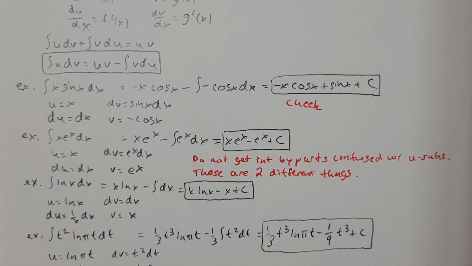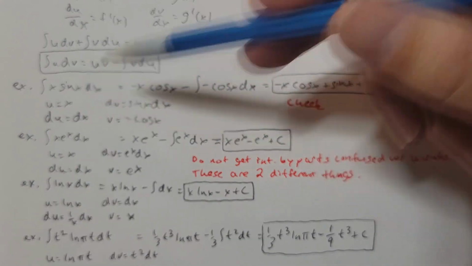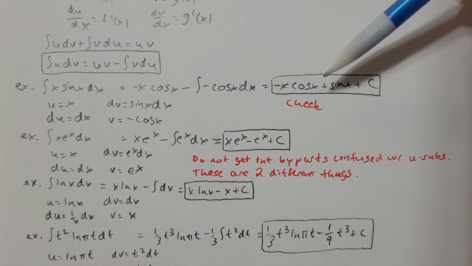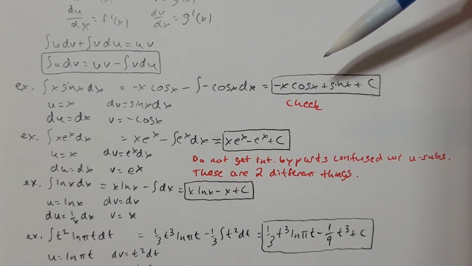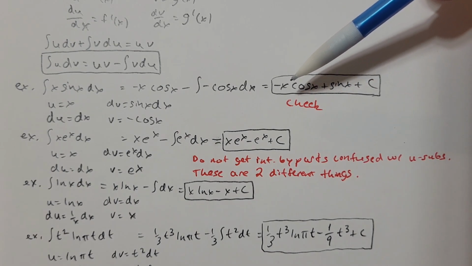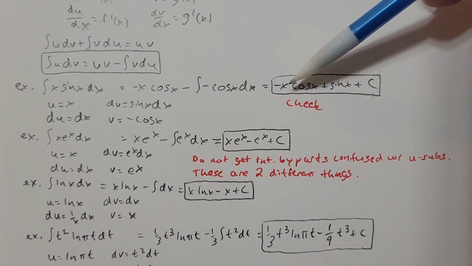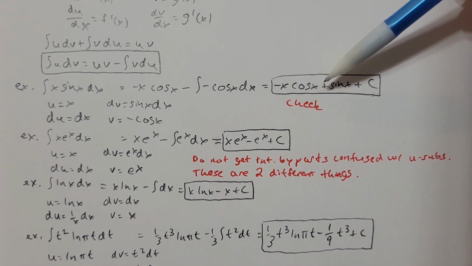One nice thing about integrating is that I can always check my answer to see if I got the right answer. I can take a derivative and I should get back to the integrand. So if I quickly check this, the derivative of negative x cosine x: the first is negative x times the derivative of the second.